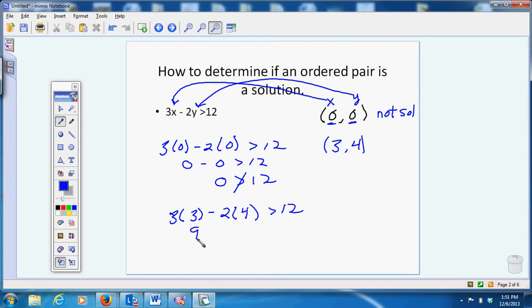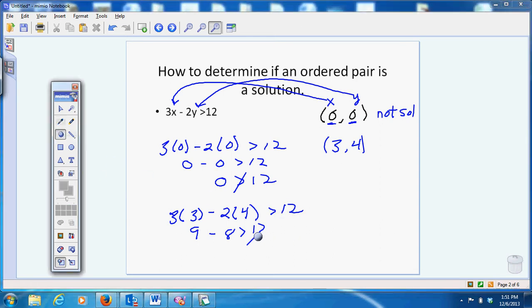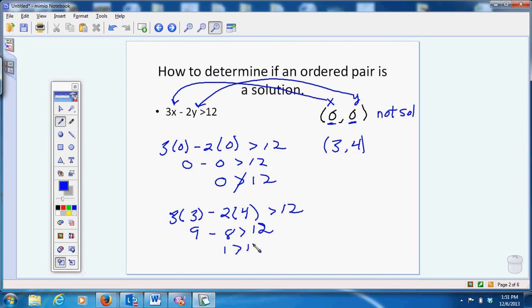So 3 times 3 is 9, minus 2 times 4 is 8. Nine minus 8 is 1, greater than 12. And again, this is not a true statement. Therefore, this is also not a solution.